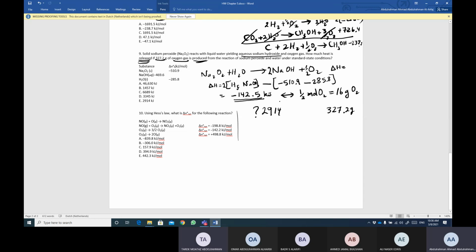2914. Good. Okay. Using Hess's law, do the reaction here. Can you do it? Okay. What are you going to do with the first equation? That's the heat.